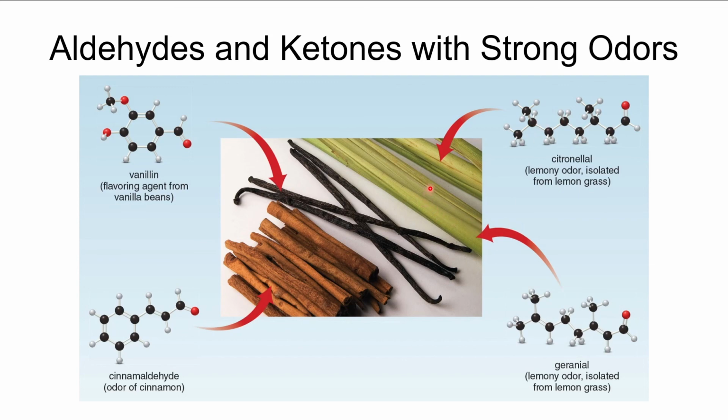Now, citronella candles, I'm not sure I would trust them to repel mosquitoes, but there is a mild mosquito repelling factor there. Geraniol also comes from lemongrass, and you can isolate it from there, and it also has a lemony odor.